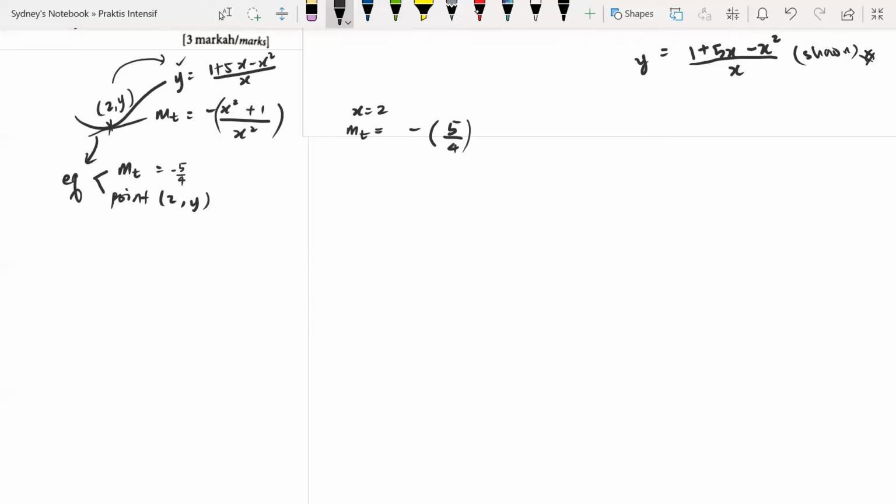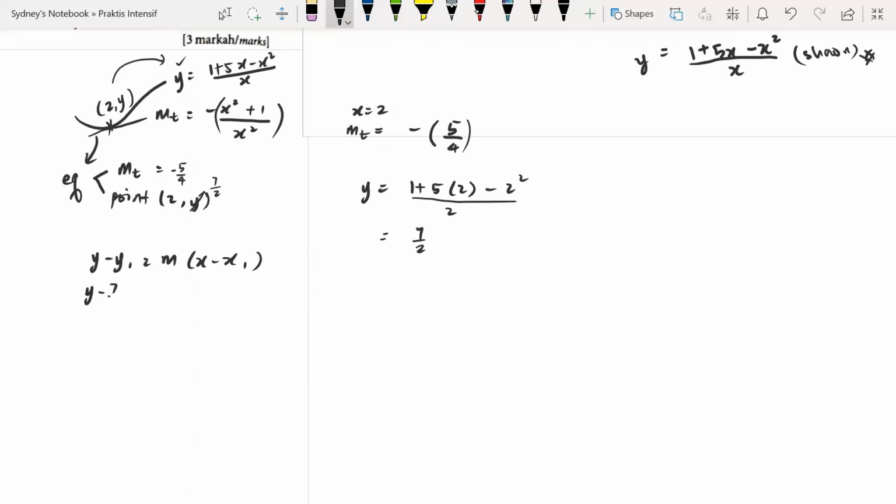And when x equals 2, y will equal 1 plus 5 times 2, minus 2 squared, over 2. So 1 plus 5 times 2 is 11, 11 minus 4, so we have 7 over 2. So the point is 2 and 7 over 2. With this, we can substitute into y minus y1 equals m times x minus x1 to find the equation of the tangent.